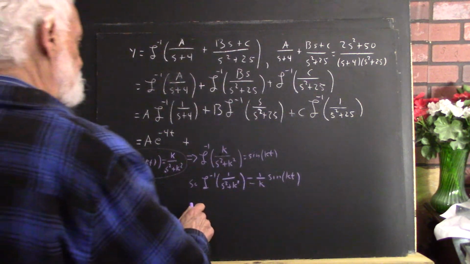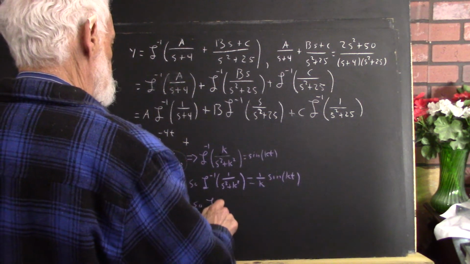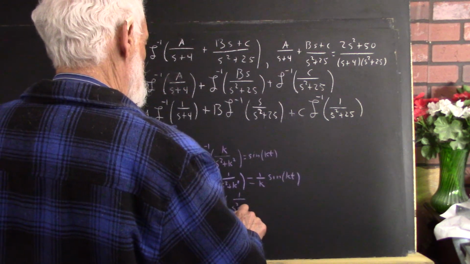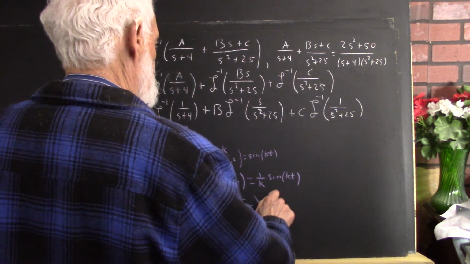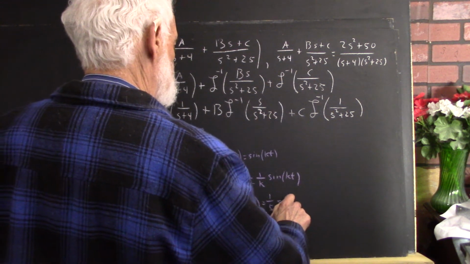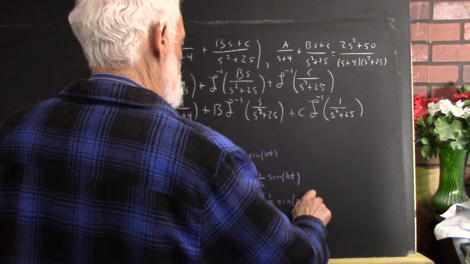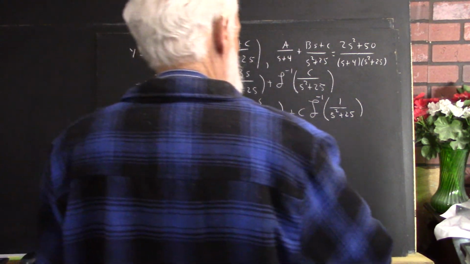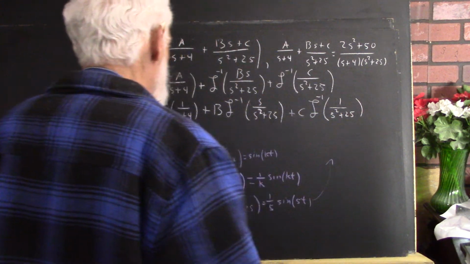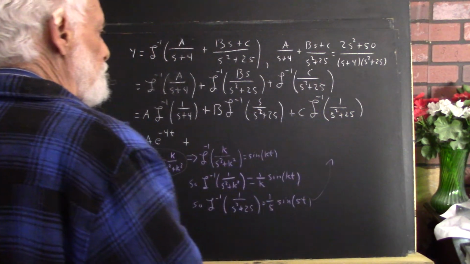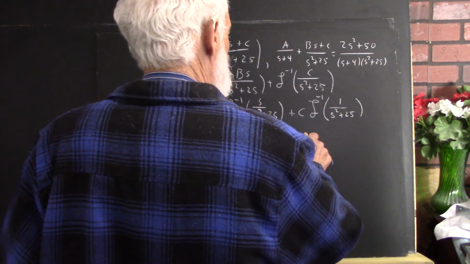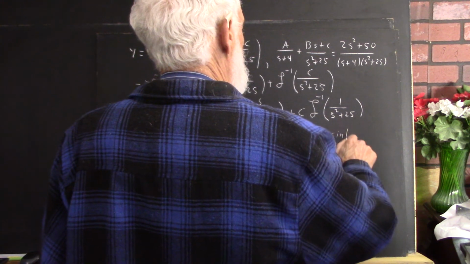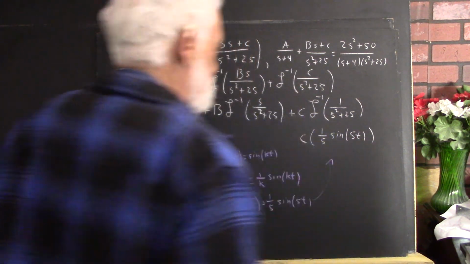So the inverse transform of 1 over s squared plus 25 is 1/5 the sine of 5t. And that's going to give us the term here. It's going to be C times 1/5 times the sine of 5t.